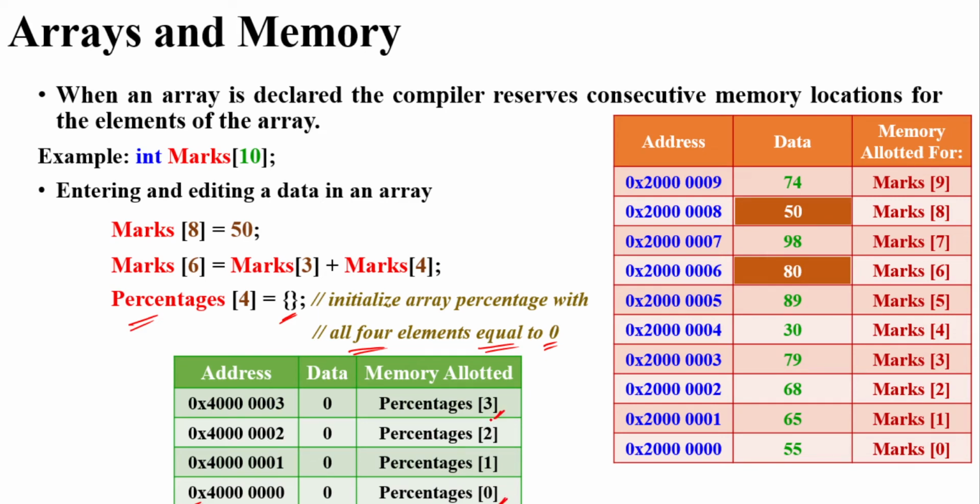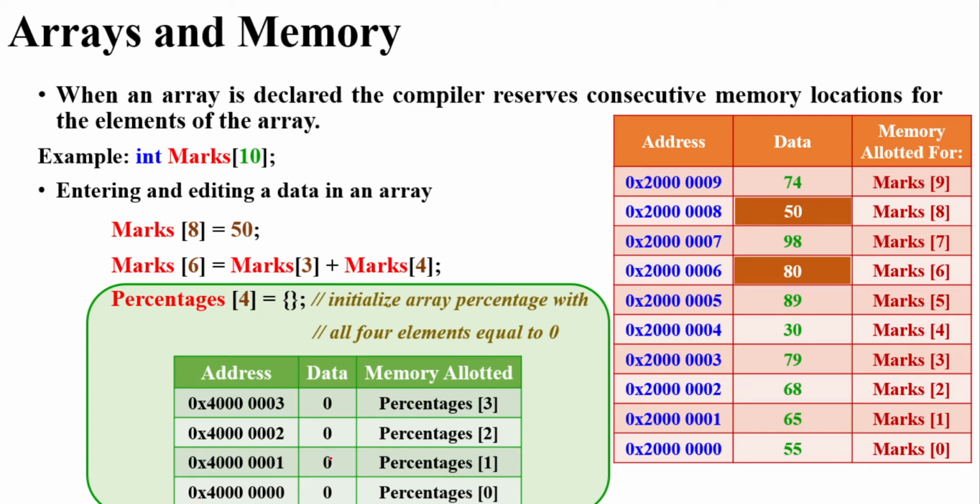This represents 4 elements, and you can see all the data initialized in the variable percentages are 0. Therefore, it is clear that if you leave empty curly braces, then all the elements will be initialized with 0.